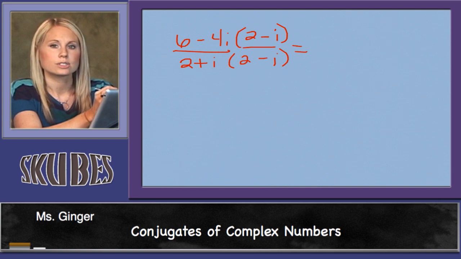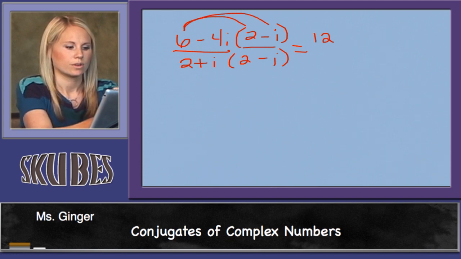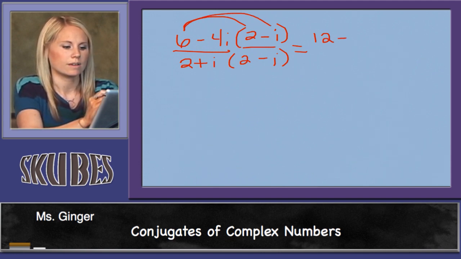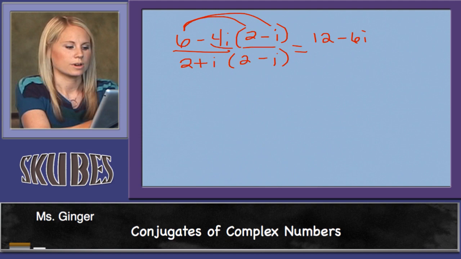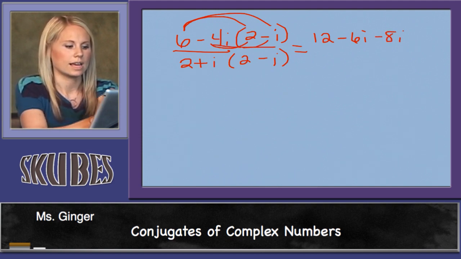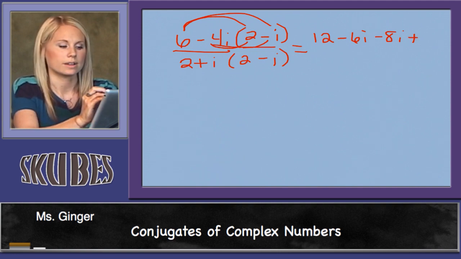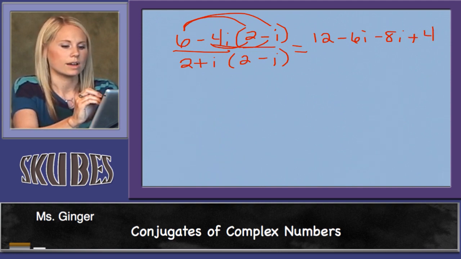That is the first, outer, inner, and last terms. So doing that, we're going to have 12, and then 6 times negative i. Then we do our inner terms, minus 8i, and last, plus, you can see these two negatives become a positive now, 4i squared.